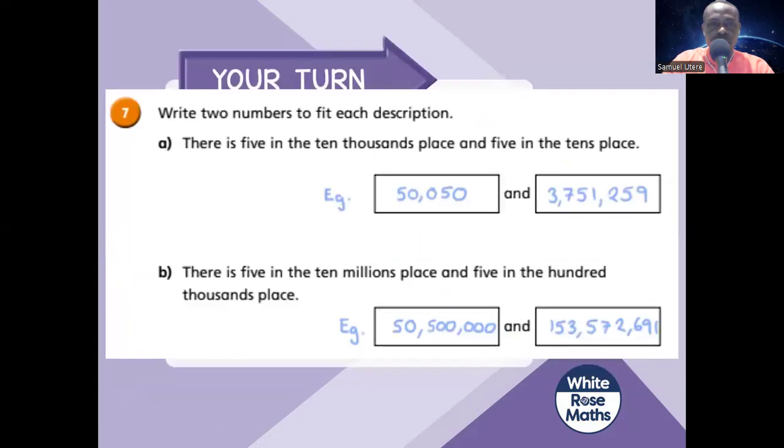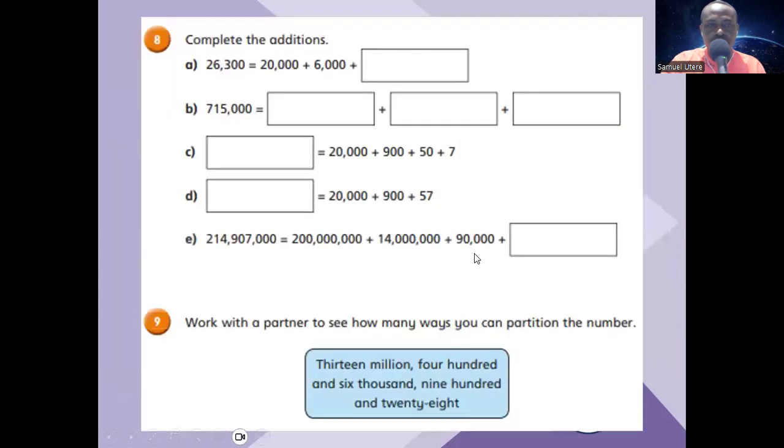Here are the answers to question 7. You're told to write 2 numbers to fit each description. Here is what you should get. Pause the video and have a go at questions 8 and 9 for 4 minutes. So you can see here the number has been partitioned. You need to write the numbers in here.